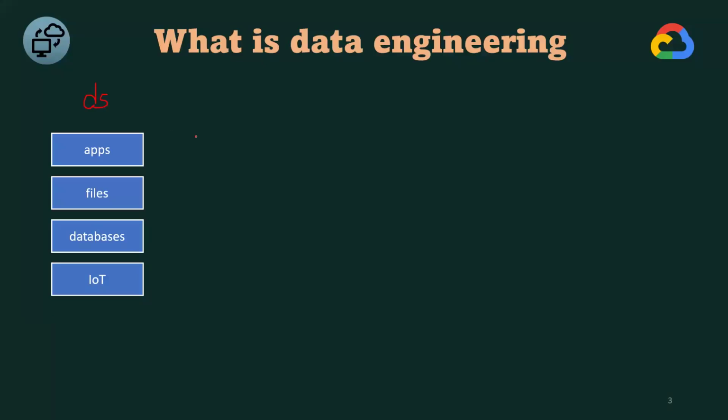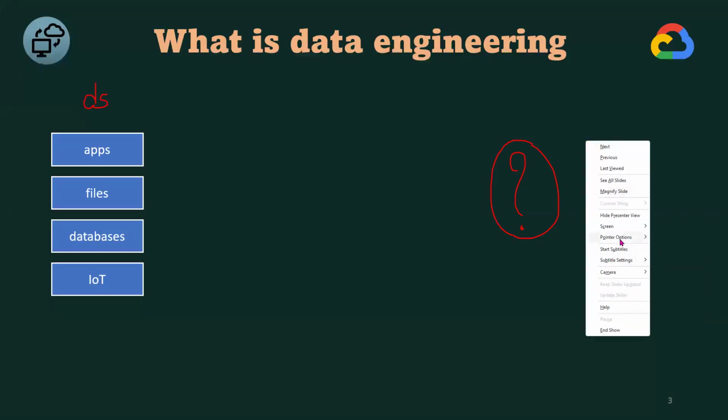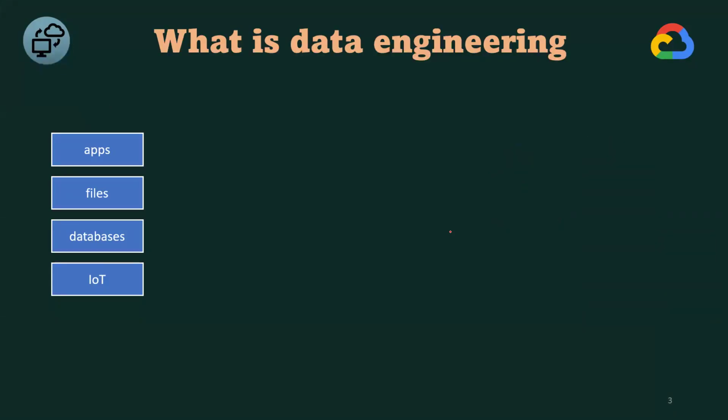Sir, what does the data engineer do with these data sources is the question. The question is what we are going to do with these data sources. With these data sources, we are going to read the data properly. Why do we need to read the data, sir? Let me tell you.